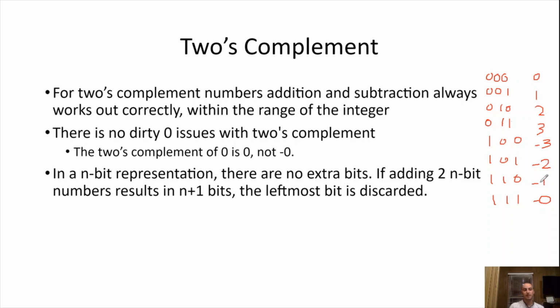So if you look at this, we have basically 8 numbers, right? 1, 2, 3, 4, 5, 6, 7, 8. But the problem is that we are wasting one position that we have here because we have double 0. We have positive 0 and negative 0.